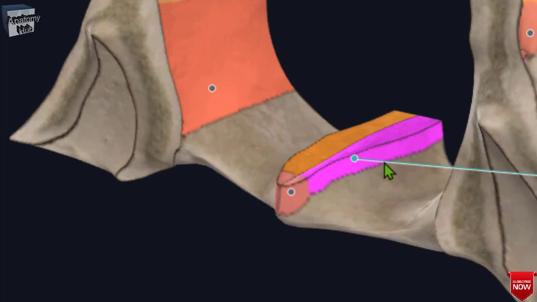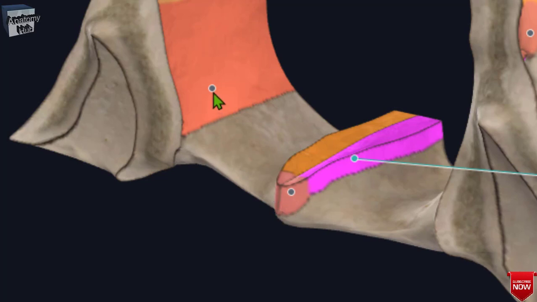The upper border of this ridge articulates with the vomer, and the posterior end of the nasal crest forms a pointed tip, which is termed the posterior nasal spine, and to which it gives origin to the musculus uvulae.